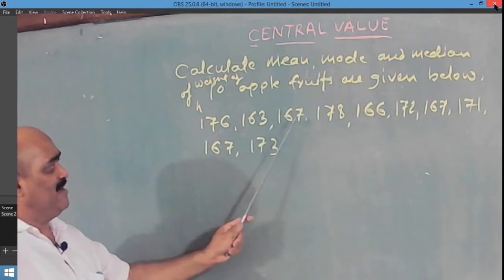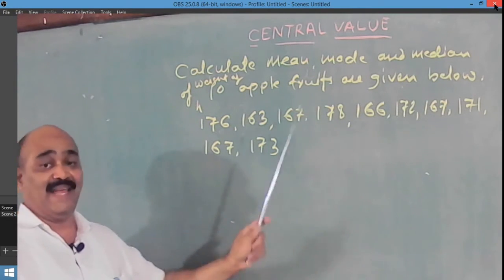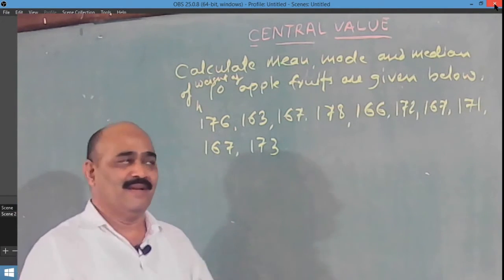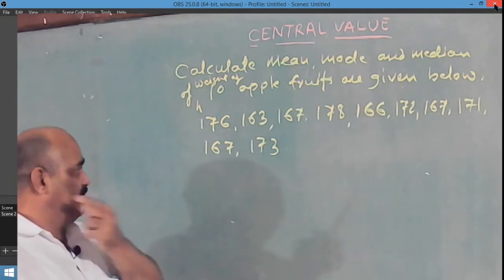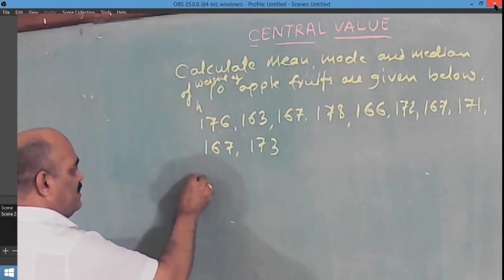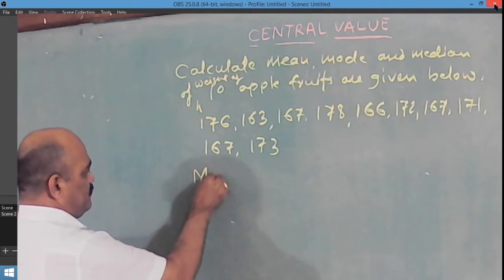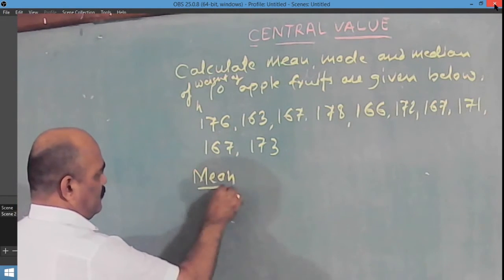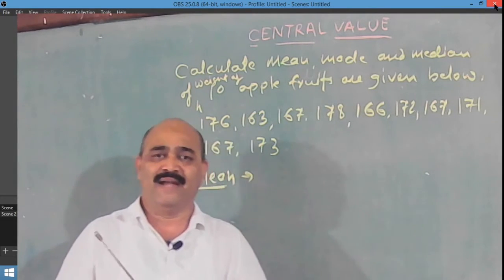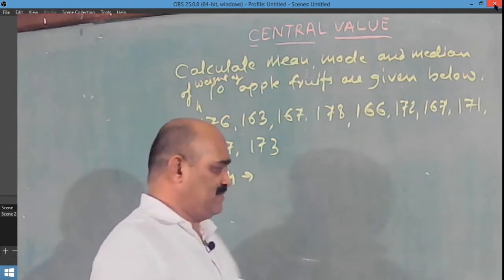In our data, the weight of 10 apple fruits, we are going to calculate the mean, mode and median. Now first, mean. Mean means the sum of all observations divided by the number of observations.